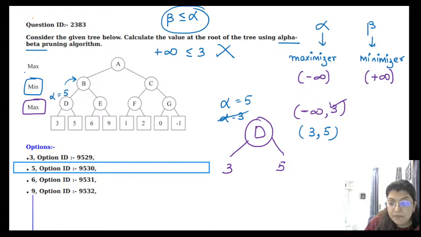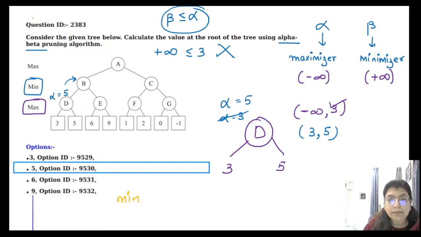वी नीड मिनिमम वैल्यू. सो नाउ वी विल कंपेयर द वैल्यूज विद रिस्पेक्ट टू बीटा बिकॉज वी नीड मिनिमाइजर. अब अल्फा की वैल्यू है 5 और बीटा की वैल्यू है प्लस इन्फिनिटी. So now we need the minimum value. So now tell me which value is minimum?